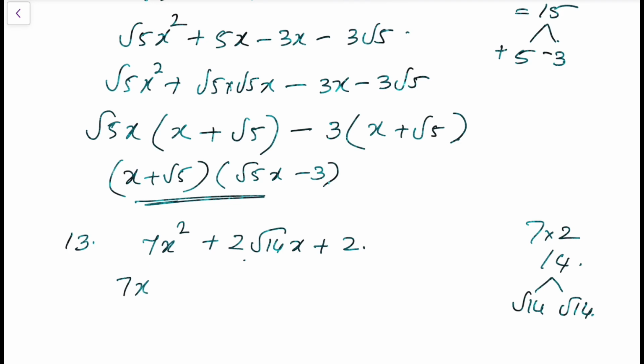So, 7x squared plus root 14 x plus root 14 x plus 2. Still you will not get the common factor. So, root 14 can be written as root 7 into root 7 into 2.